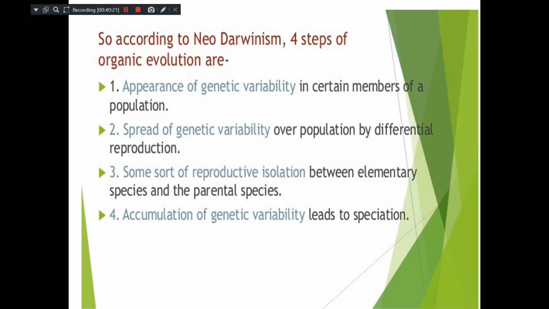If it is in the genes, then it can be inherited. If it is only in morphological changes in somatic chromosomes or genes, it is not going to be inherited. So that's why organic evolution can happen when there is genetic variability in certain members of the population.